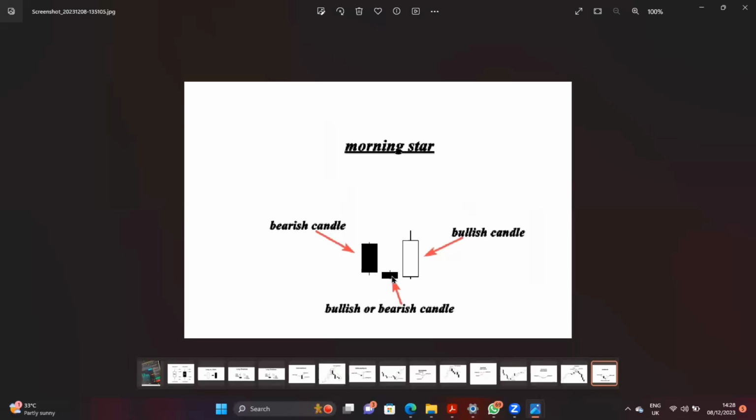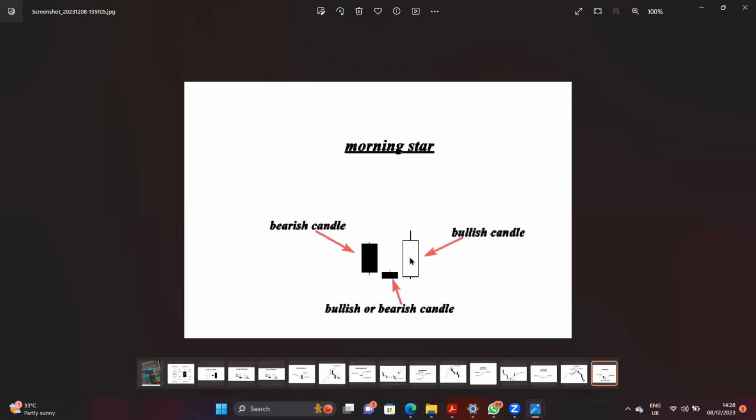The second candle is a small one, which represents that sellers are in control but don't push the market much lower. This candle can be either bullish or bearish, like I mentioned before.